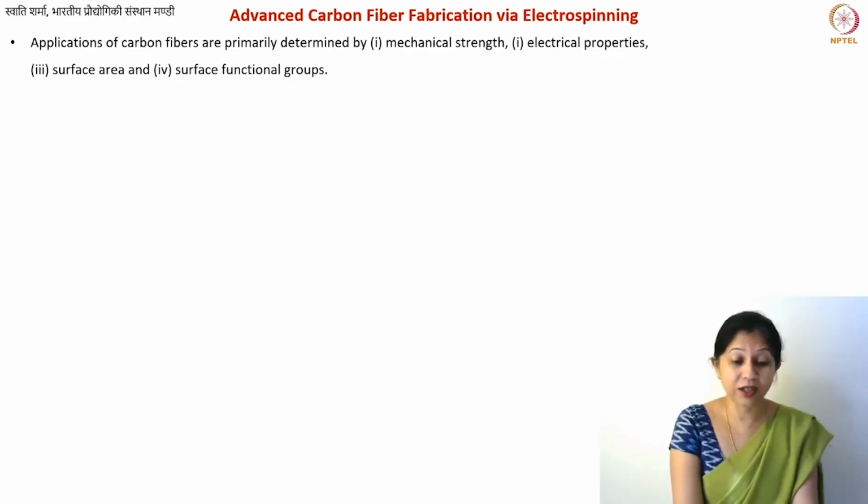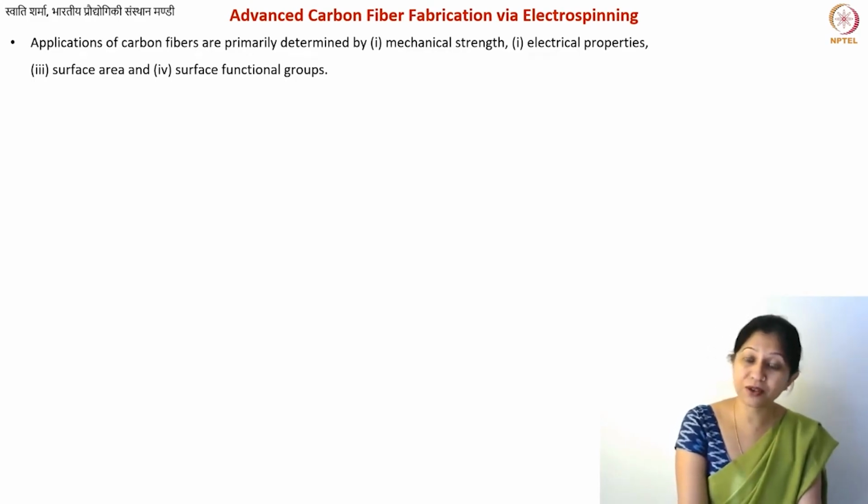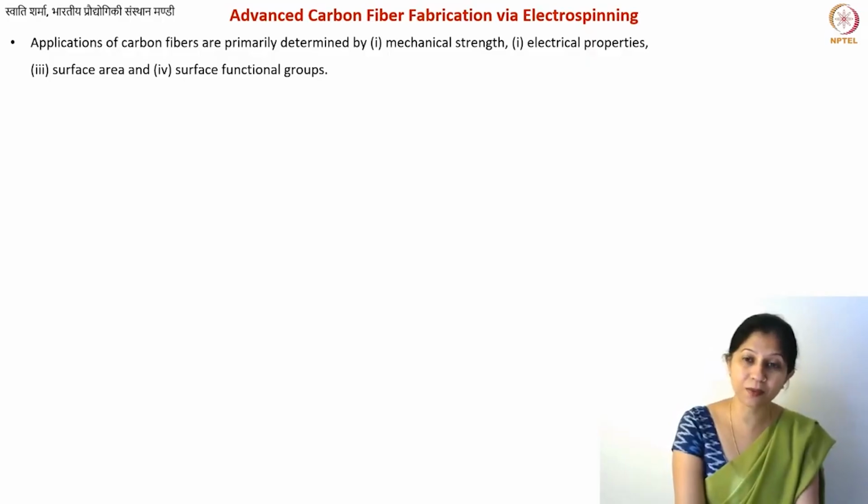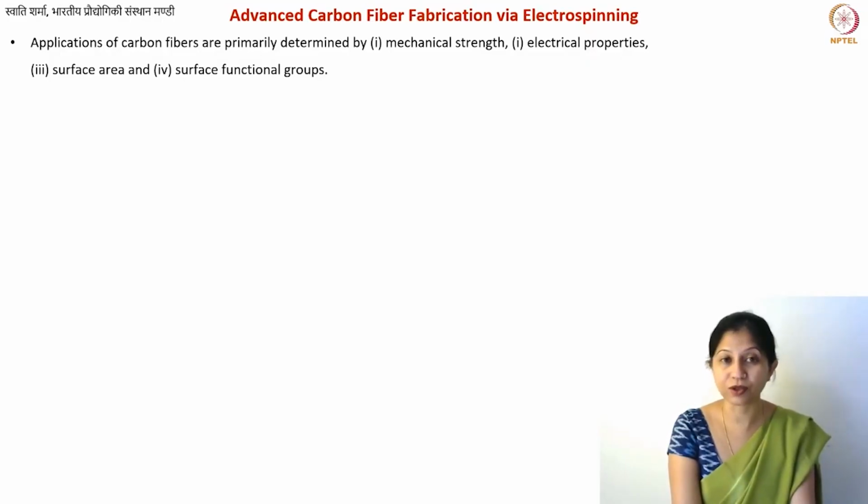In fact, we induce porosity and increase the surface area because that also increases the adsorbance of these kinds of carbons. Fibers already exhibit a very high surface to volume ratio. If you further induce porosity, then you can have an even higher surface to volume ratio, and this is one property that can be used when it comes to carbon fibers.